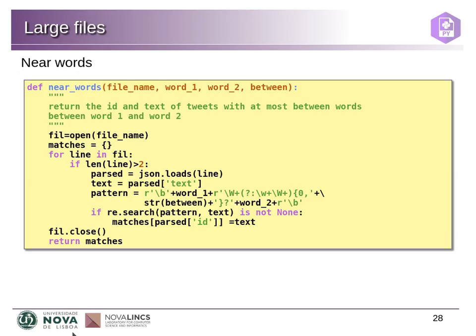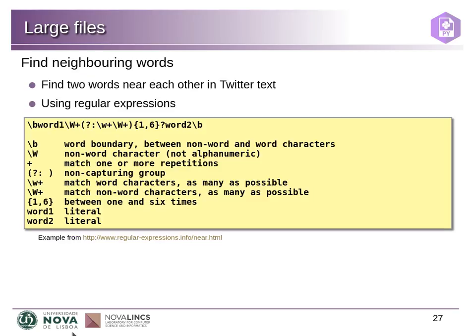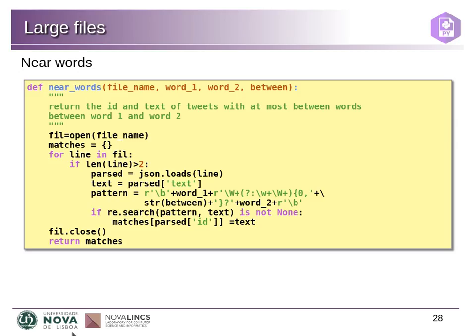This is basically this pattern here, but we're filling in the words that we get from our arguments, and also here we have the highest number of times, the most intermediate words that can occur, we put in this between value there. So we just create the regular expression for finding those tweets, and then we use the regular expression module to do a search there and check if it finds anything. So if it doesn't find anything, it returns none.